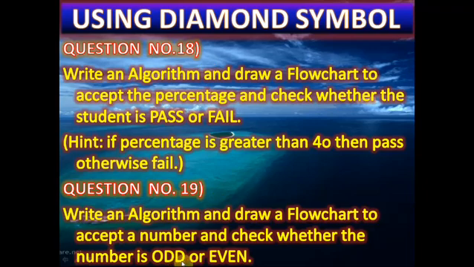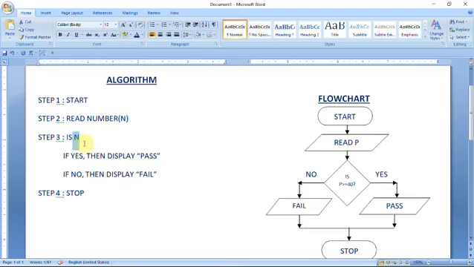So first of all you have to understand the concept of odd and even, then you have to write the condition. For this you have to use mod, modulo division. Is n mod 2 equal to 0?